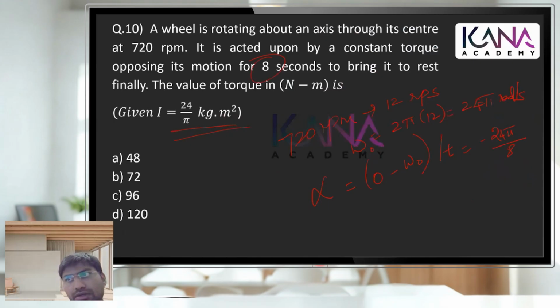This will be minus 3 pi radians per second square. So the torque is I times the magnitude of this angular acceleration. I is given as 24 by pi and this is 3 pi, so it will be 24 into 3, that will be 72. Next question.